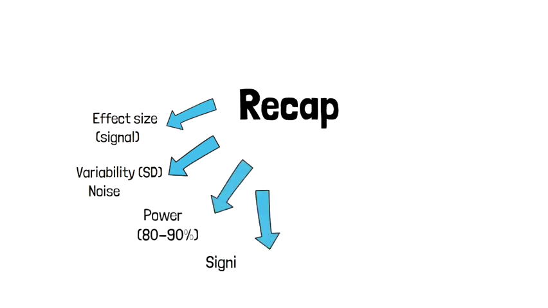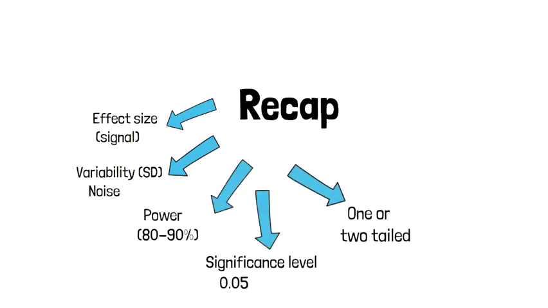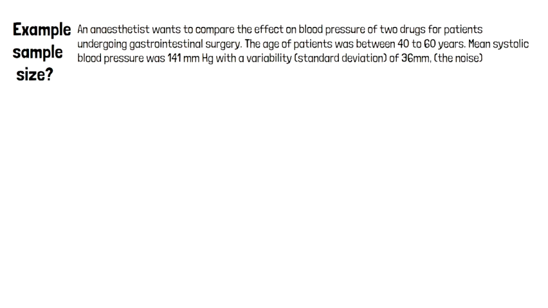All 5 components involved in a power analysis are interrelated. If any 4 of them are listed, the 5th one can be calculated. For example, an anesthetist wants to compare the effect on blood pressure of 2 drugs for patients undergoing gastrointestinal surgery. The age of patients was between 40 to 60 years. Mean systolic blood pressure was 141 mm of mercury with a standard deviation of 36 mm, which is the noise.